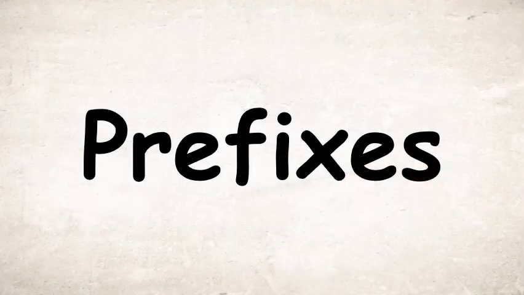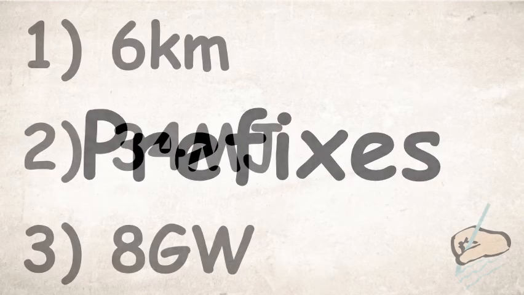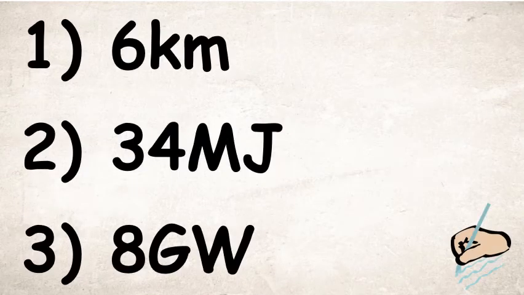What's next? Well, now we just do a small exercise on prefixes. Okay, so again, get ready to write something. Okay, so now you have to expand the following. You've got 6 questions, which are numbers written with prefixes. You have to expand them. Okay, so write them down, try them out yourself before you continue this video.